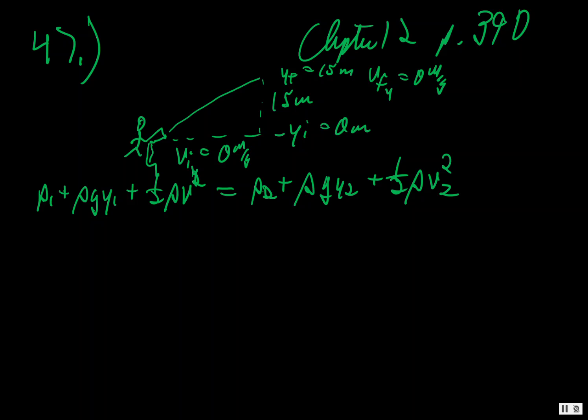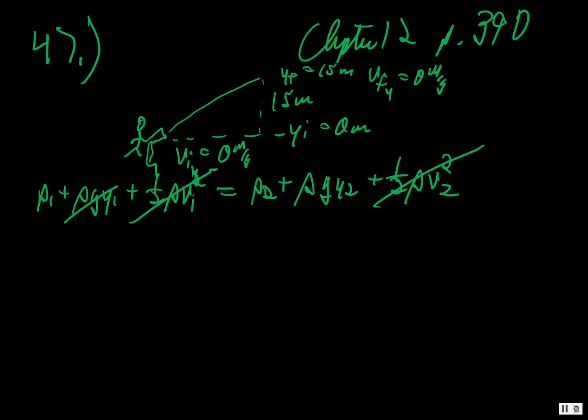Well, look, we're starting at an initial height of 0, so that term's gone. And we're starting at an initial velocity of 0, so that term's gone. Since it's going to a maximum height, if y'all remember when we talked about projectile motion, when you reach maximum height in the y direction, there's 0 velocity. So that term is gone.